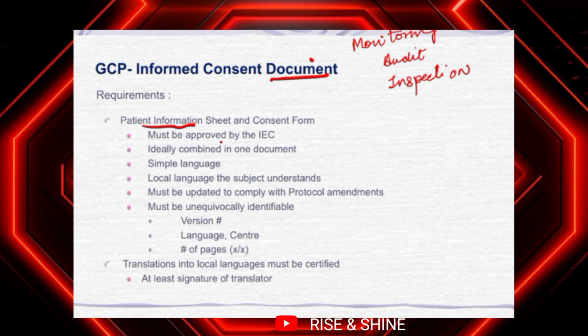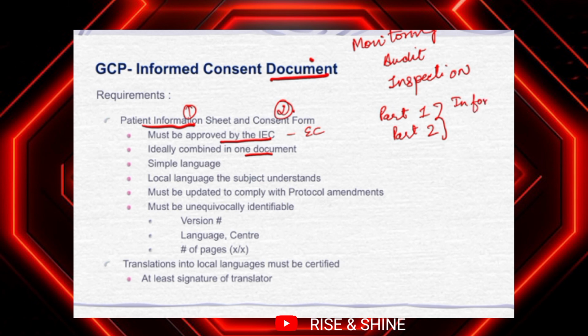And the consent form must be approved by the ethics committee, EC, right? Ideally combined in one document. It should be one document. It will say part 1 is the patient information sheet, part 2 is the consent form. This is part 1, this will be part 2, and together this will make the informed consent.